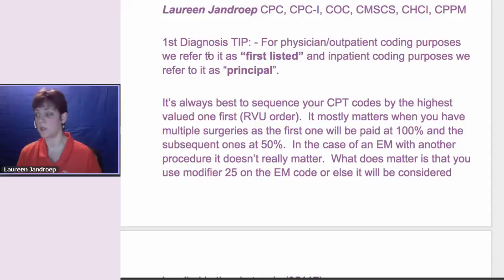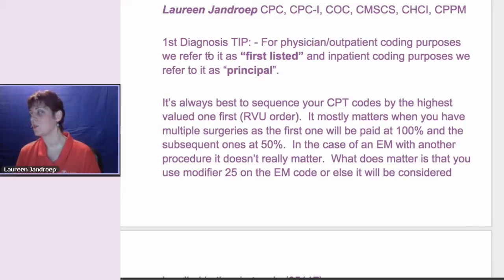They have committees that compare every procedure to other ones to come up with a relative value for that procedure. It mostly matters when you have multiple surgeries because there's a reduction on subsequent surgeries. The first one they'll pay at 100% of the fee schedule, but the subsequent ones get paid at 50%. So of course you want the highest paying one to be listed first.